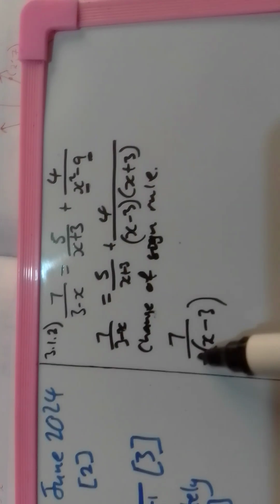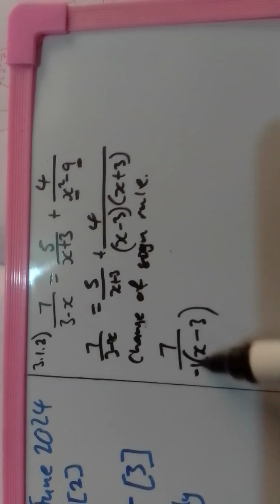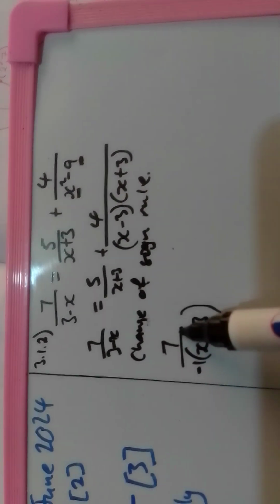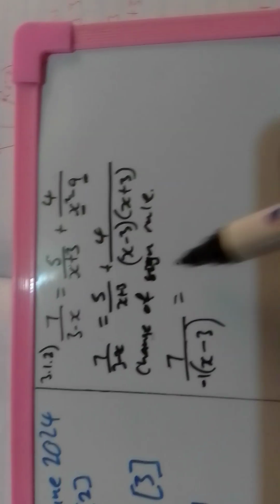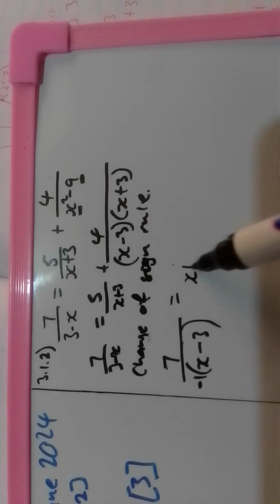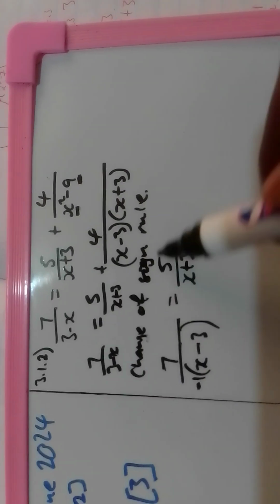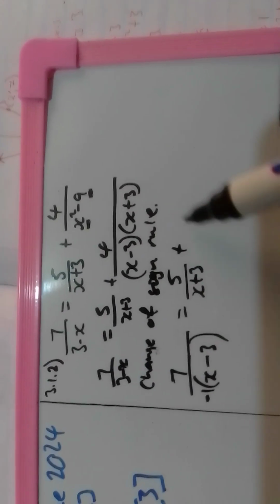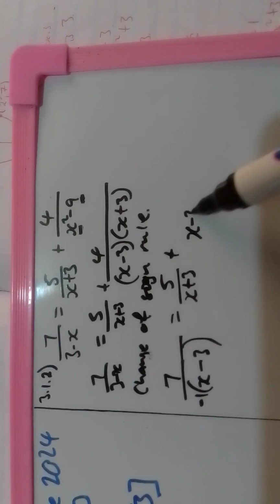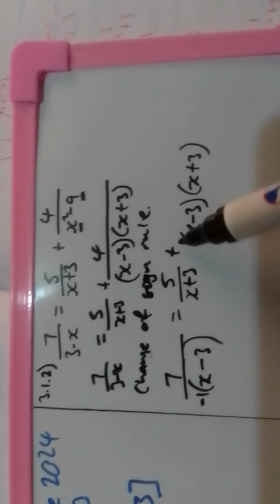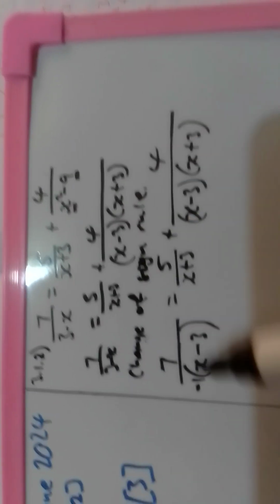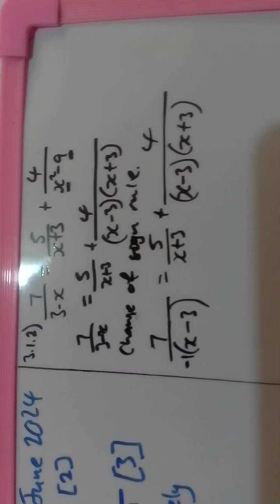Now, we are not allowed to keep a denominator with a negative, meaning to say that it must come here on top. So, in other words, we are now going to say x plus 3 here, our denominator, and 5 is the numerator, plus we have got x minus 3 and x plus 3. Our numerator is 4. So here on top now we've got a negative 7.